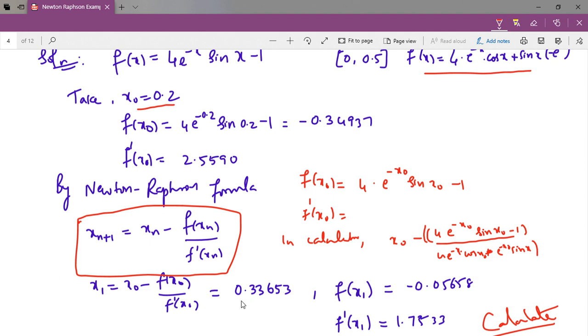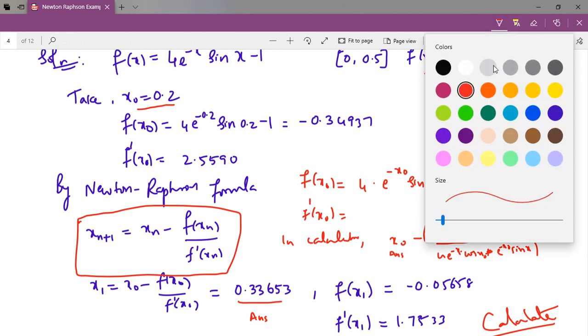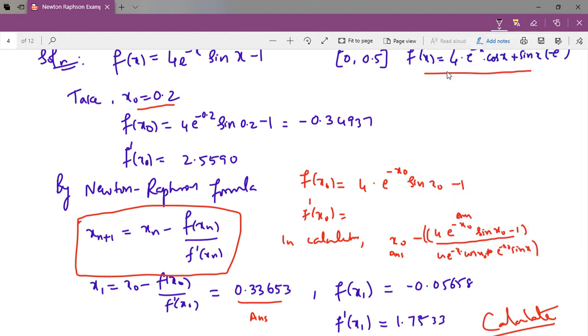You get x1. So now there will be an answer key at the bottom of the calculator. So go to this x naught by pressing the upper arrow key, and replace this x naught by answer. Okay, do all the replacements.